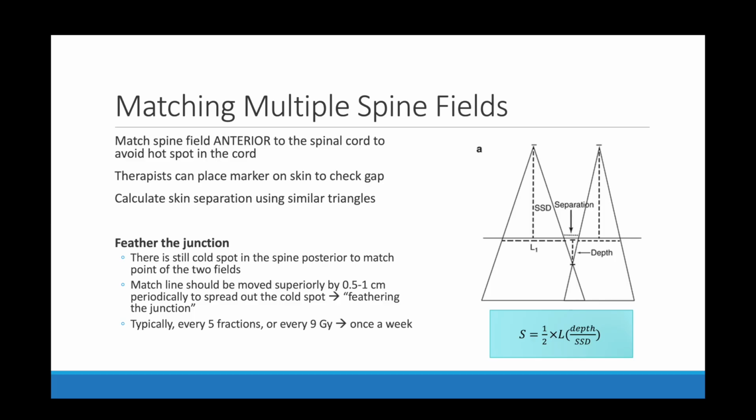So typically every 5 fractions, we're moving the fields on the order of about 5 millimeters. Essentially, we're just shifting where that match point is, so we're spreading out the hot and cold spots.